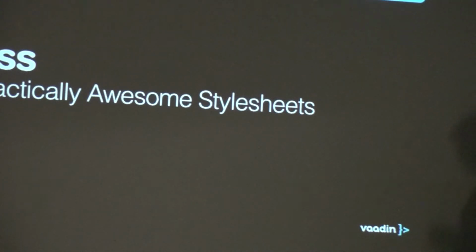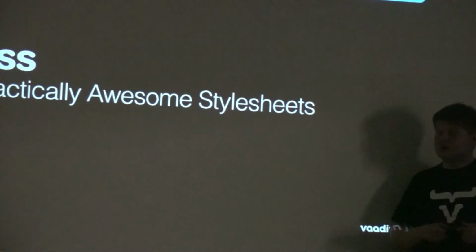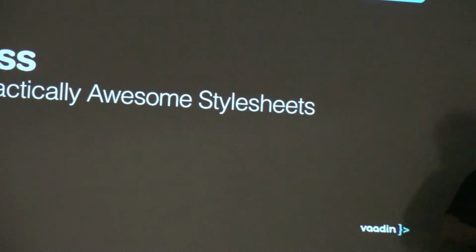So we decided for Vaadin 7 that we need some kind of high level notation for CSS, and instead of inventing one by ourselves, we took a look at the market. There were two really good implementations, SASS and Less, and we ended up choosing SASS.